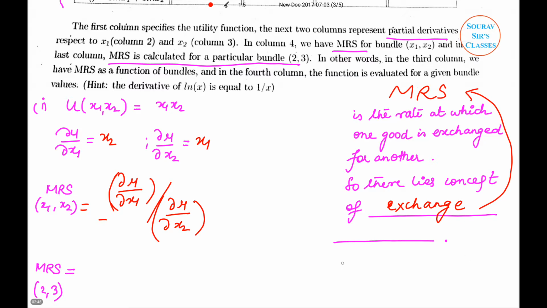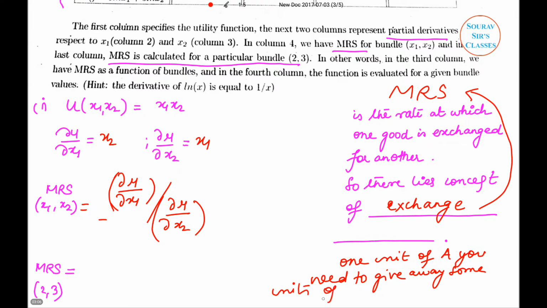Because in order to get 1 unit of A, you need to give away some units of B, and this is what explains the negative sign.